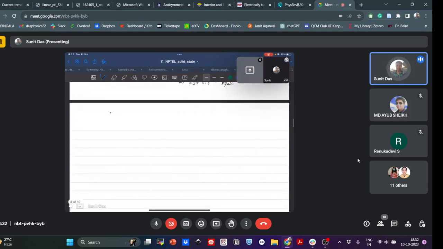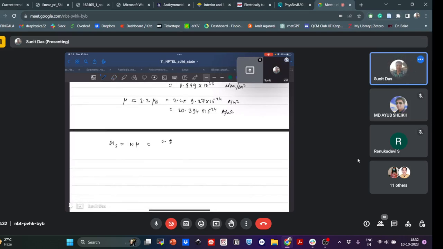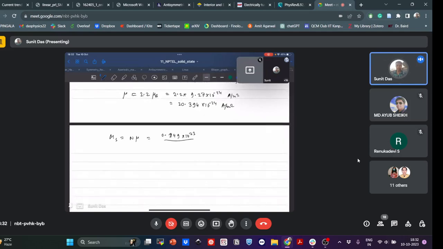So the saturation magnetization Ms is N into mu, the total mu basically. The N we found is 0.849 into 10 to the power 23 atoms per cm cube, so we need to convert it to meter cube, multiplying by 10 to the power 2 cubed, and then the magnetic moment per atom. So this is the saturation magnetization per unit volume.